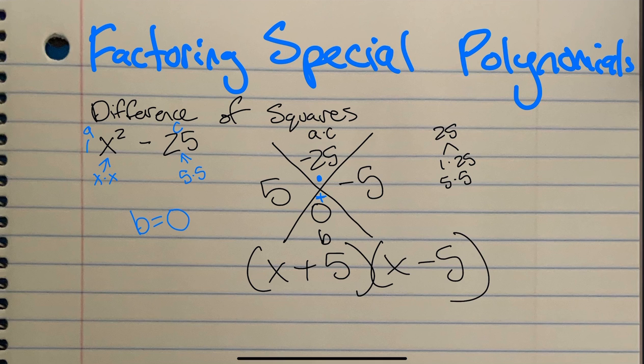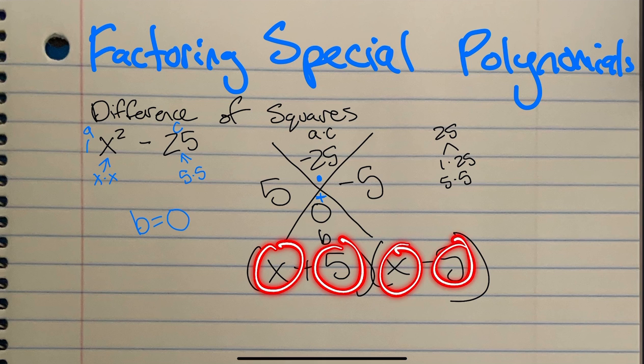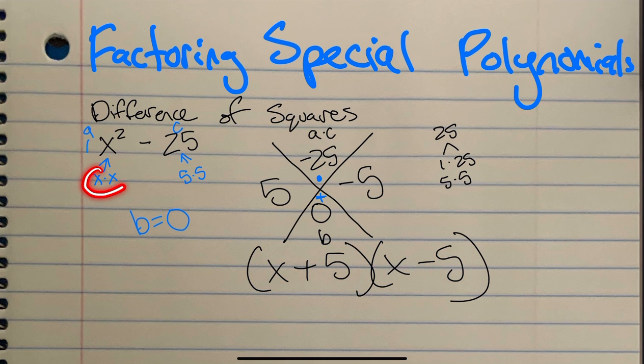Okay, cool. So with these specials, like I said, there was a pattern. Now, we took x times x to get to x squared. We took 5 times 5 to get to 25. So what we can do with this is take our square root of each piece and then just put that directly in our answer. So we had 2 x's here.